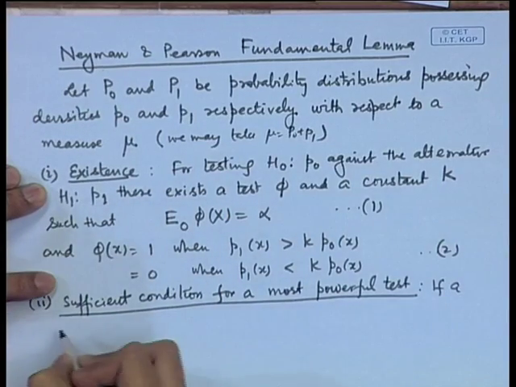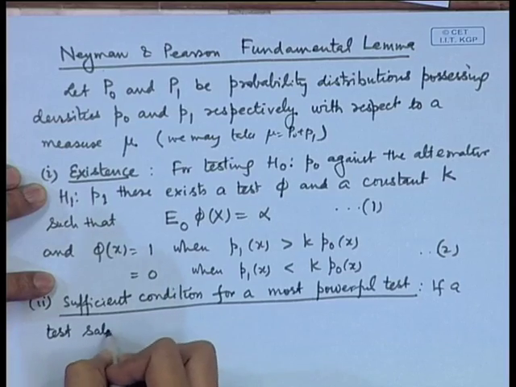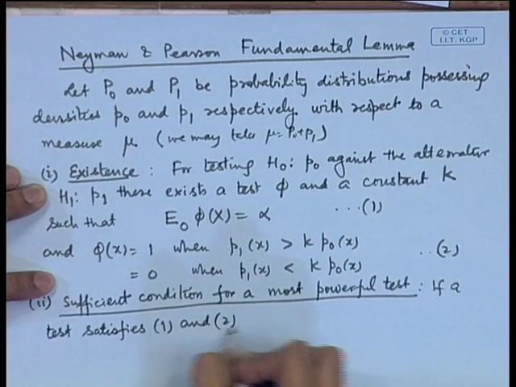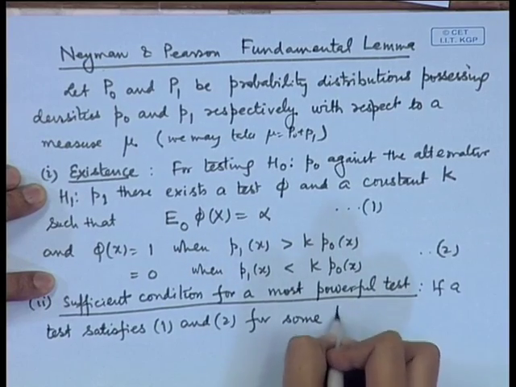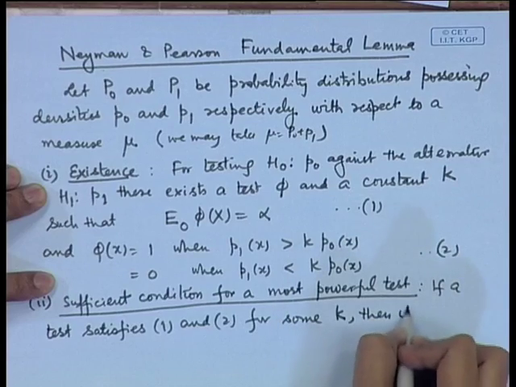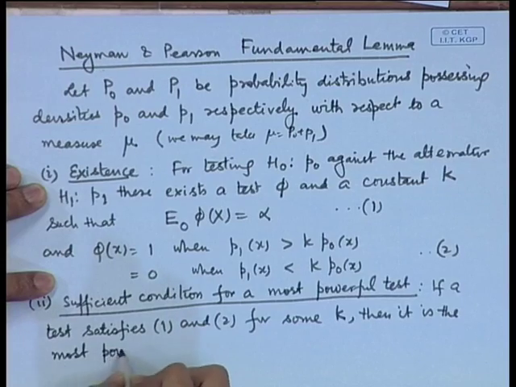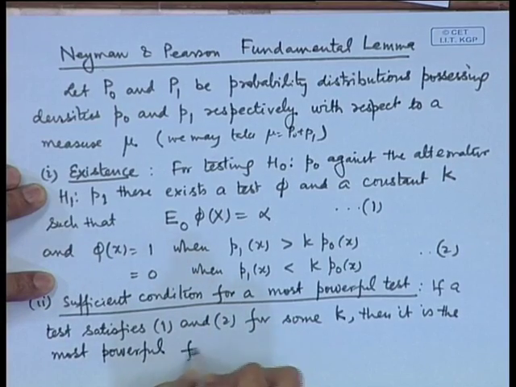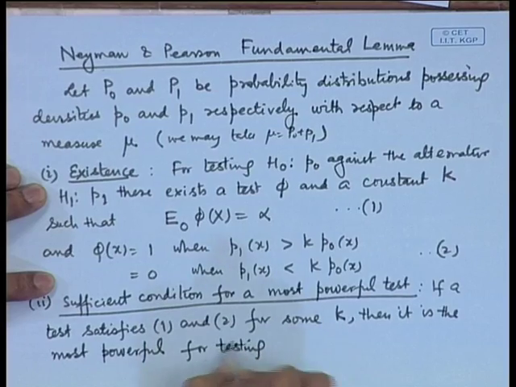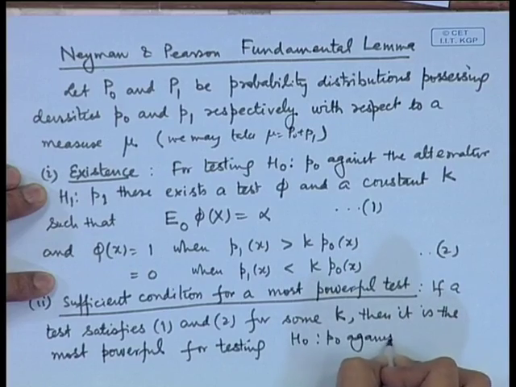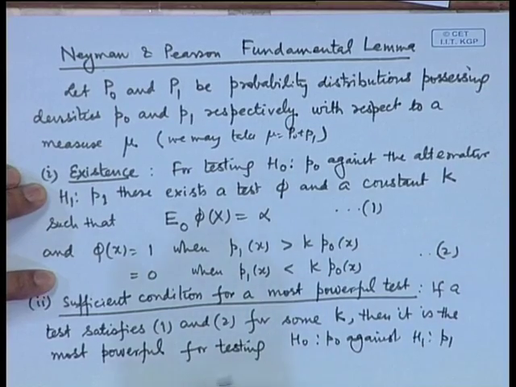If a test satisfies 1 and 2 for some k, then it is the most powerful for testing H0, P0, against H1, P1, at level alpha.